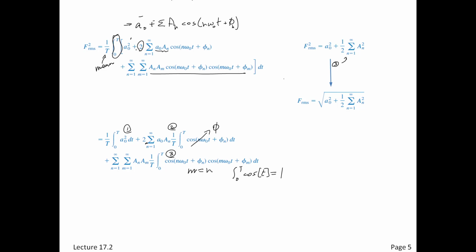That then goes to, it's still a summation. Don't forget about that. It's still a series. And that goes to what? If I take the square root of both sides, this is what I get. The square root of the DC term plus 1/2 the sum of all those harmonic coefficients.